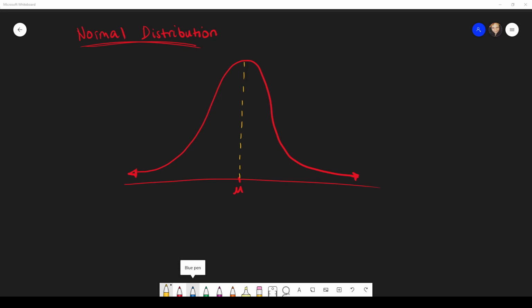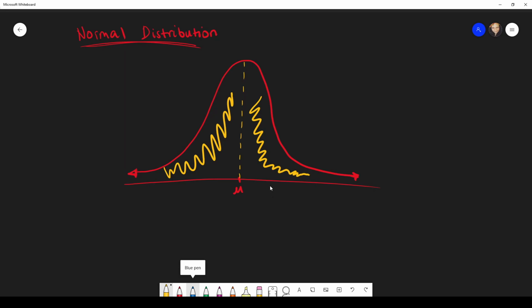Also, one of the properties of a normal distribution is that the areas under the curve that are symmetric about the mean are equal, meaning to say this area here and this area here are equal, right? Because it's symmetric.